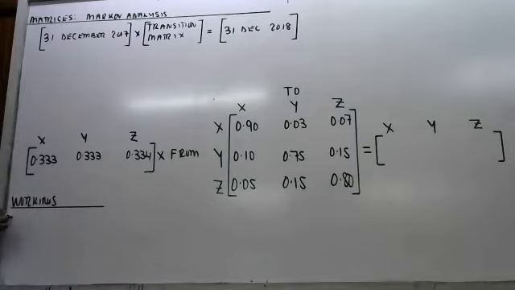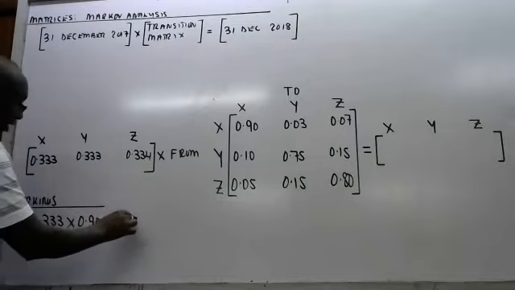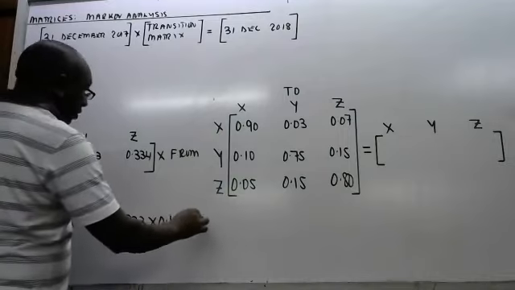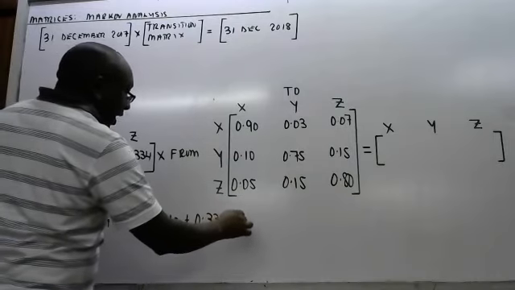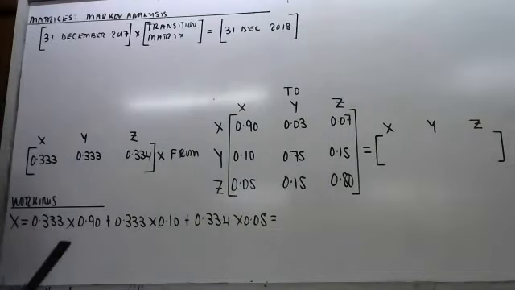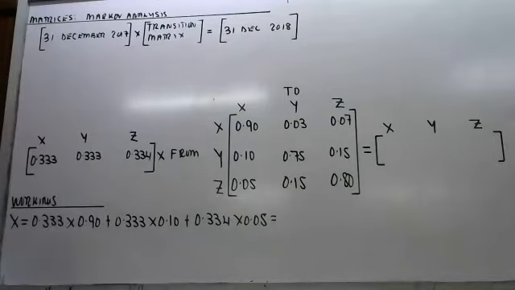If you are looking for X, it is 0.333 times 0.90 plus 0.333 times 0.10 plus 0.334 times 0.05. So someone give me the answer, the way it is coming out.